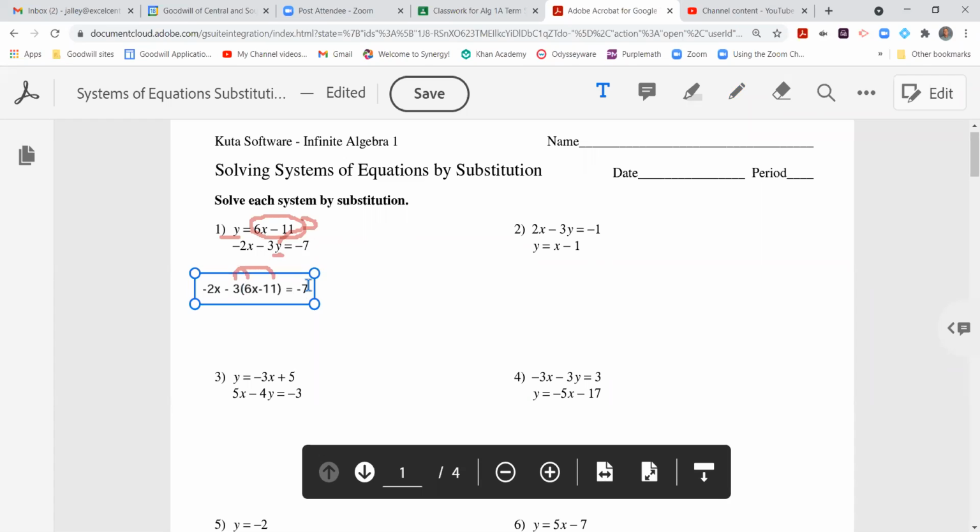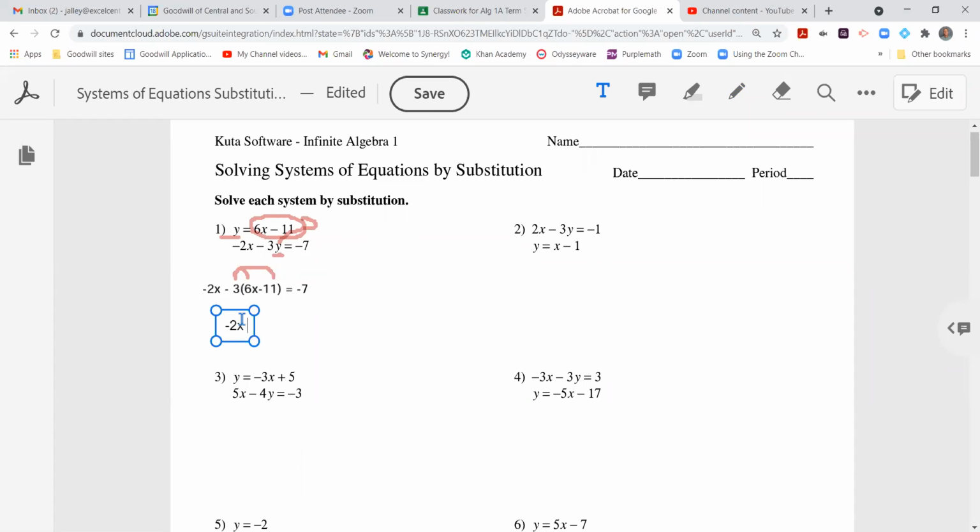So let's see if we can add on to this. Minus 2x. Okay, now I got to use the minus sign with the 3 to do the distributive property. So -3 times 6x is minus 18x. -3 times -11 is positive 33 equals -7.